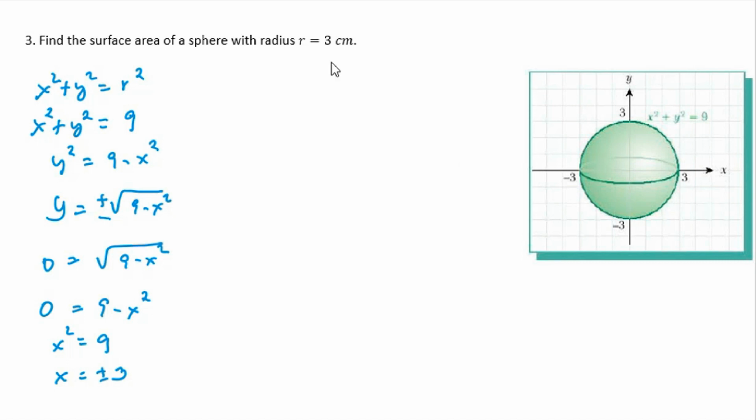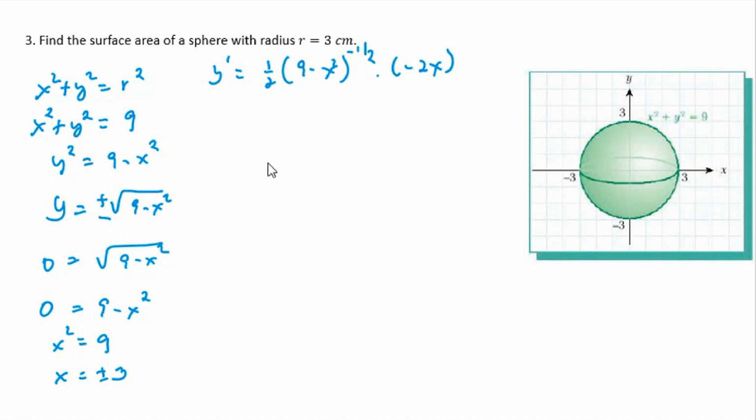derivative of y. So solving for the derivative now, we have y prime is equal to 1/2 times (9 minus x squared) to the power of negative 1/2 times the derivative of 9 minus x squared, which is negative 2x.